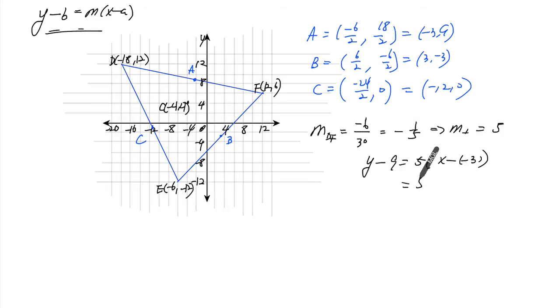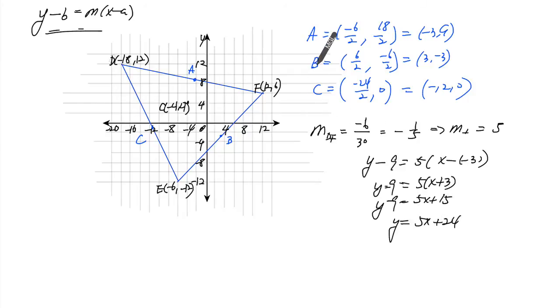So you get 5x plus 3, so it's 5x plus 15. So y equals 5x plus 24. Okay, that's the first right bisector.